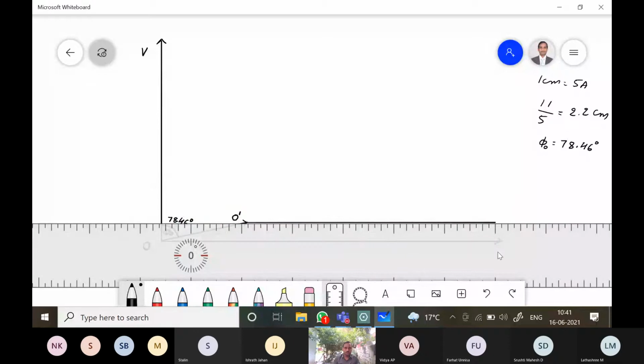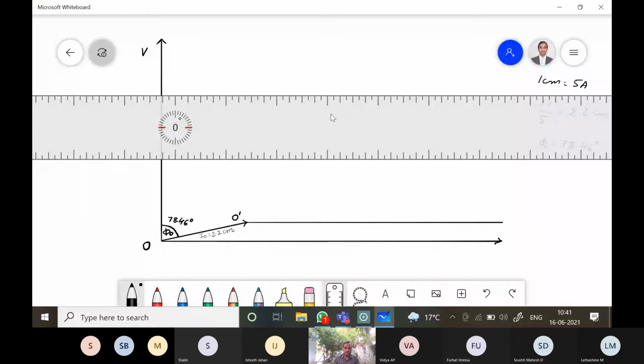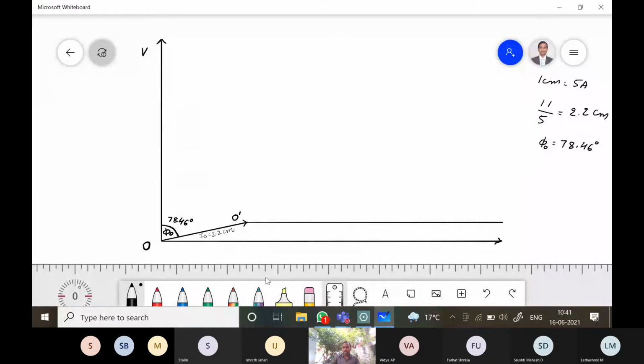Okay, so after this, ISN of 100 ampere. For 100 ampere, 100 by 5, so 20 centimeter, that is equal to ISN, with angle phi SC, that is 66.42 degree from Y axis. 90 minus 66.42 is 23.58, so nearly 24 degree from the X axis.